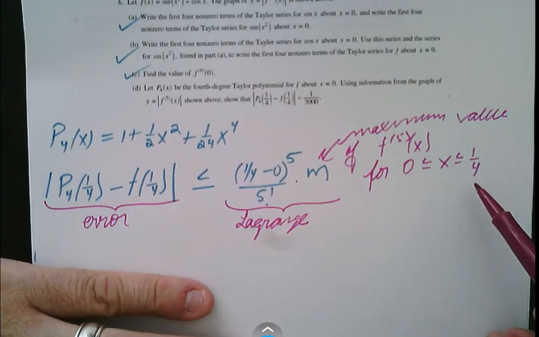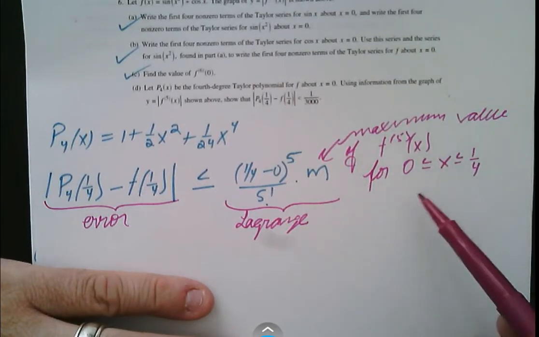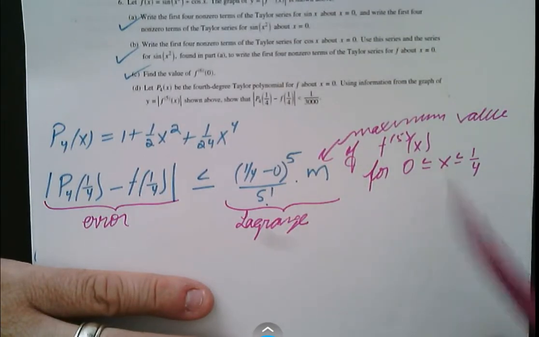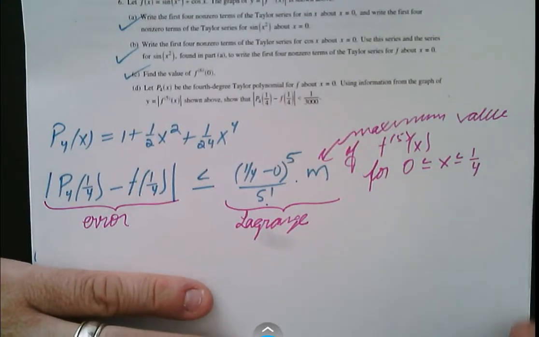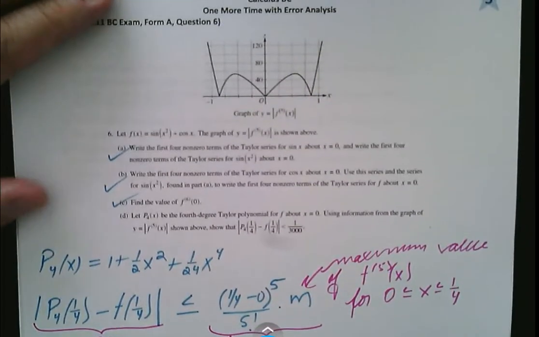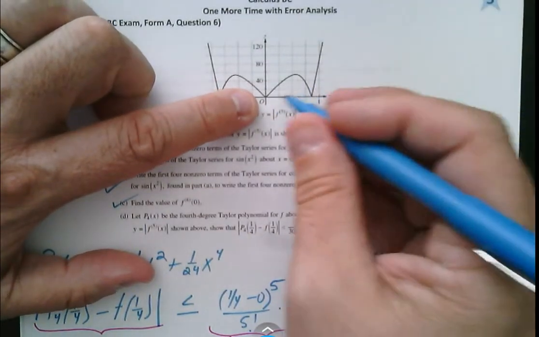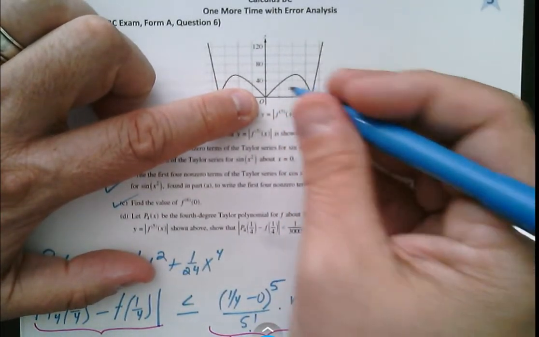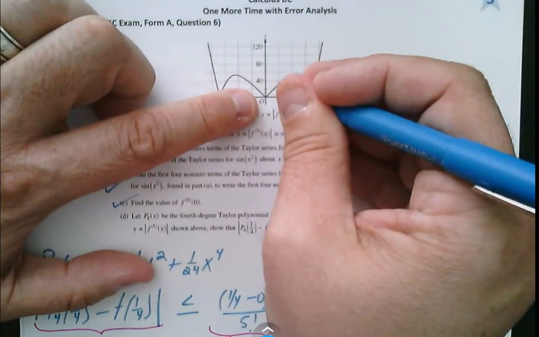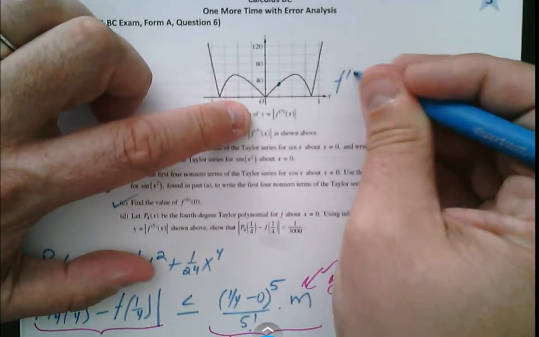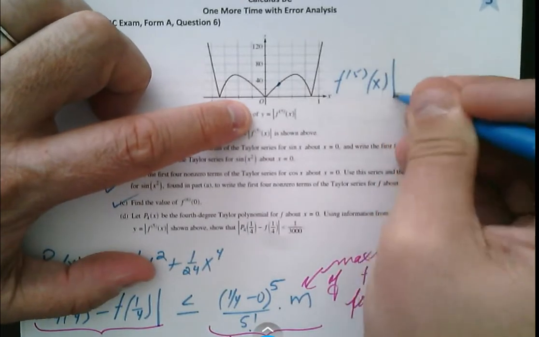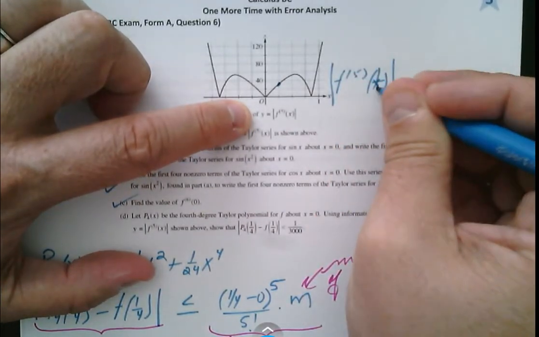So I need the maximum value of the fifth derivative from 0 to 1/4. Well, gosh, what is that? Here's 0, here's 1. Looks like I'm counting in fourths here. At 1/4, I can see the absolute value of the fifth derivative.